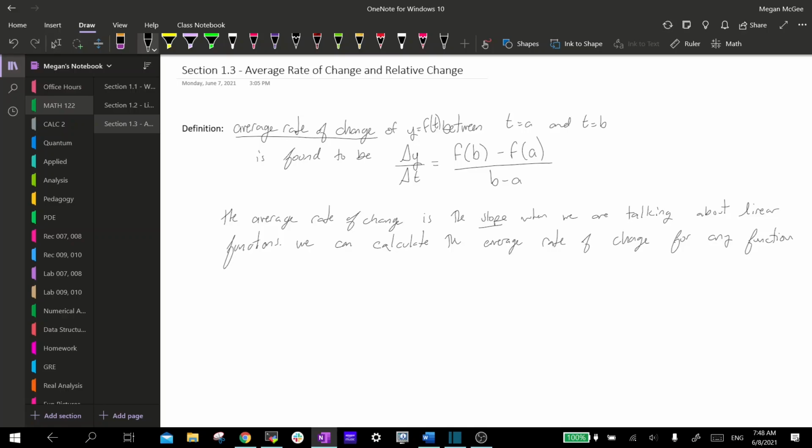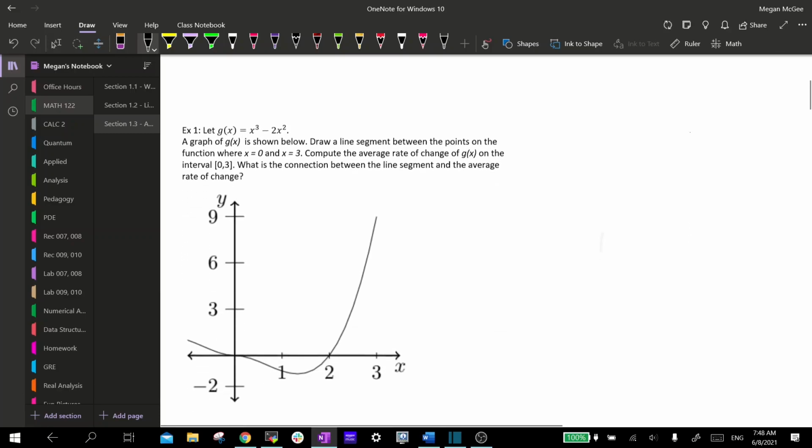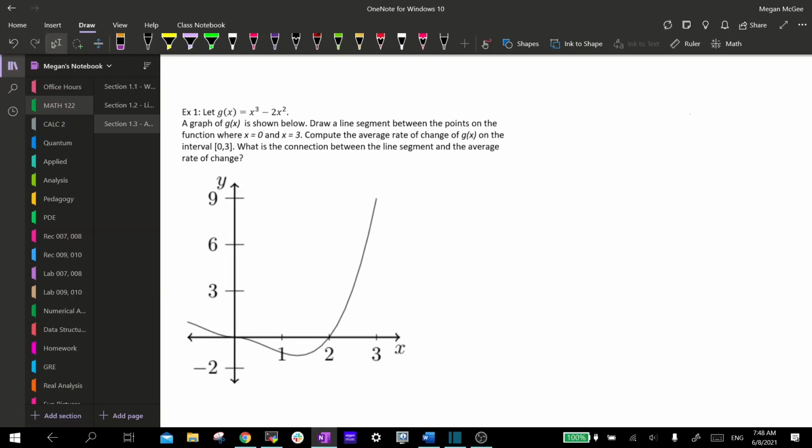Alright, so we're going to jump into our first example, where we have the graph of a function g of x is equal to x cubed minus 2x squared, and this is our g of x here. The question asks us to draw a line segment between the points on the function where x is equal to 0 and x is equal to 3.